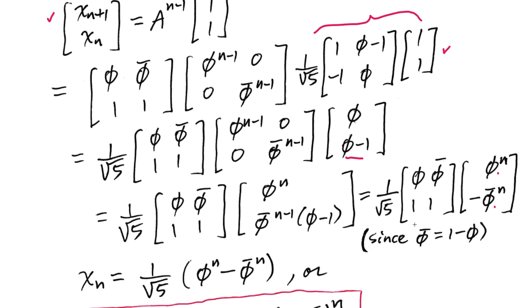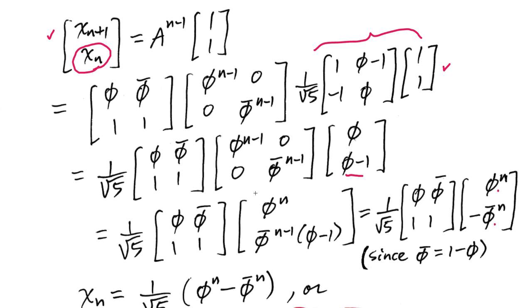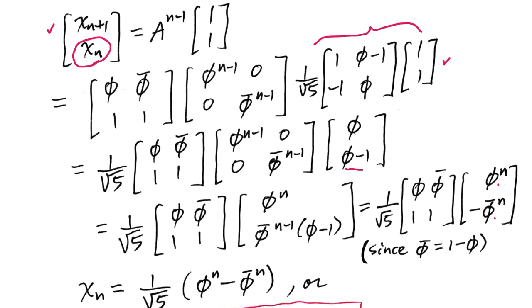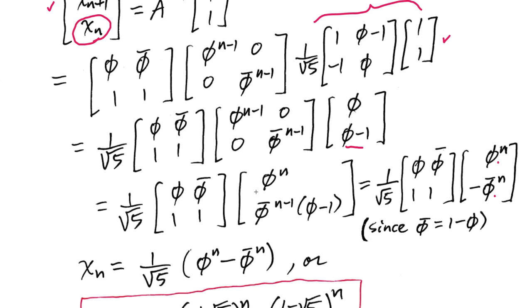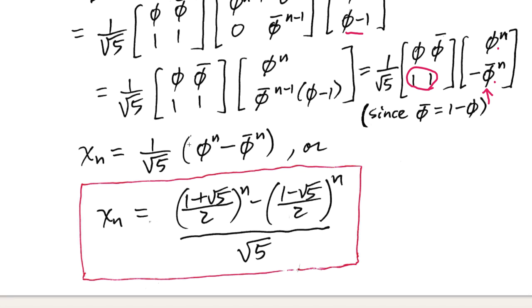Now all I did was pick off what? I'm just looking for this guy. I'm not looking for the formula for the n plus first value. I can get that from the formula for the nth value by letting n equal n plus 1. I'm just looking at the bottom entry. So when I multiply this by this, and don't forget your 1 over the square root of 5, you end up getting this.